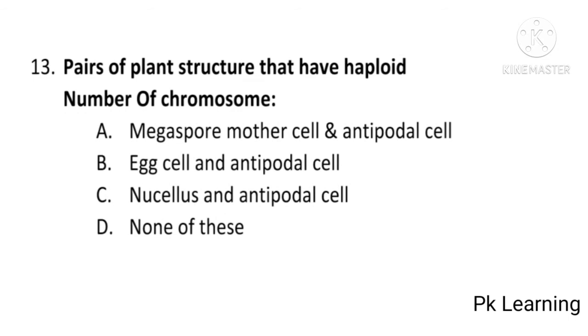pairs of plant structures that have haploid number of chromosomes: megaspore mother cell and antipodal cell, egg cell and antipodal cell, nucellus and antipodal cell, or none of these, and the answer is B, egg cell and antipodal cell. Haploid number of chromosomes: egg cell and antipodal cell. B is the correct option.